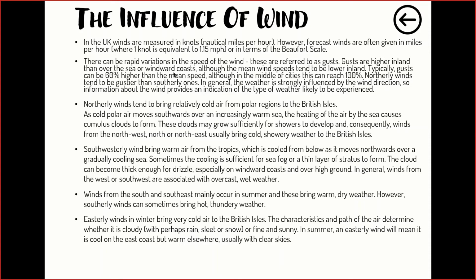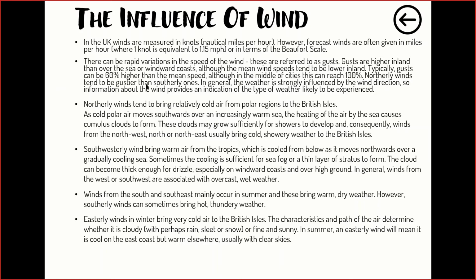Gusts are rapid variations in the speed of wind. Now, when we're looking at storms, just like with tropical storms, for example, we're looking at sort of the maintained wind speed, but you'll often hear on the weather forecast gusts referred to because they are 60% higher often than the mean speed, and this can lead to certain damage, trees coming down, branches coming down as well.